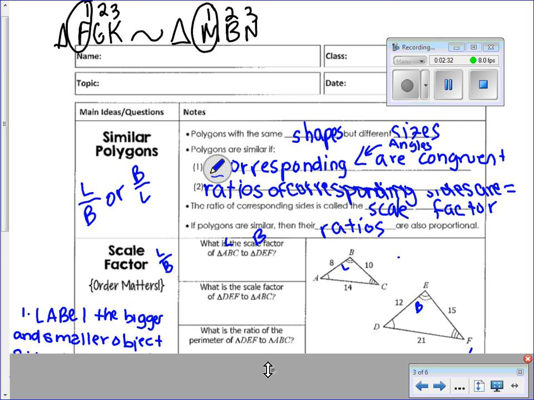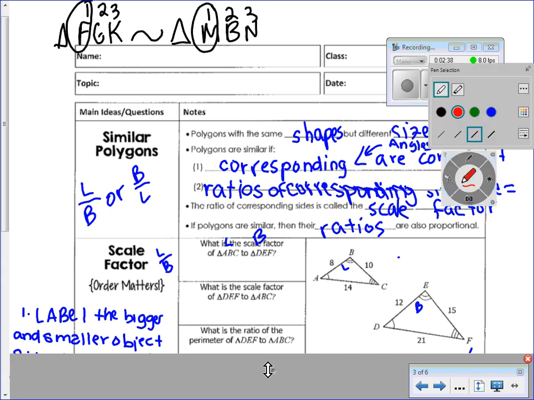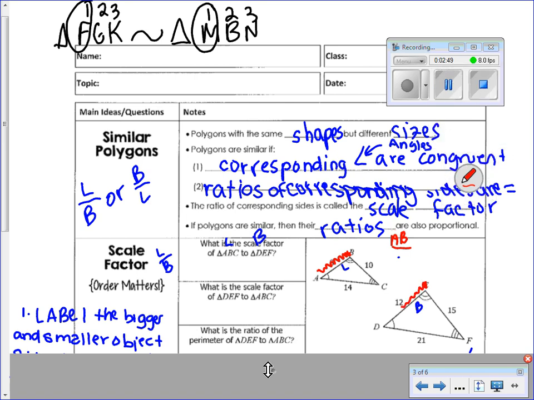So first, we're going to find our smallest side on ABC. The smallest side is AB. So we're going to do AB divided by the smallest side over here, DE. And my second biggest side is BC.